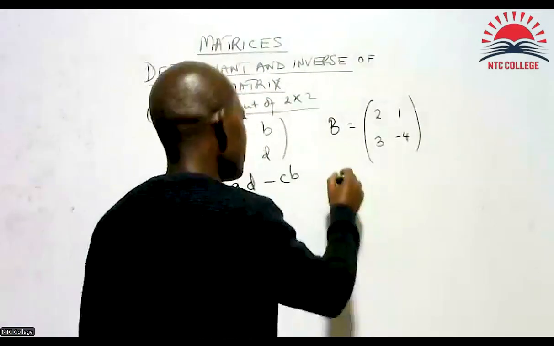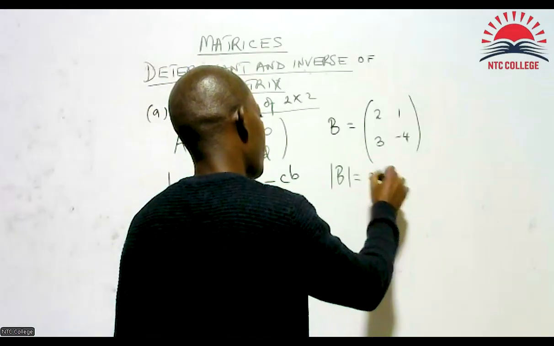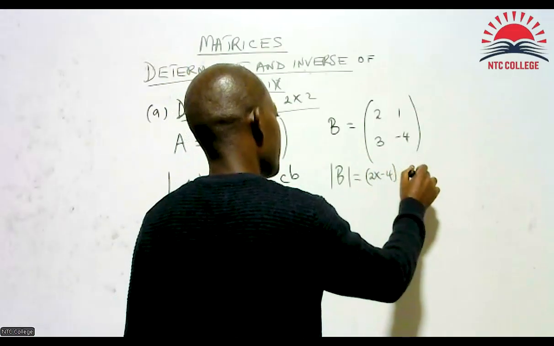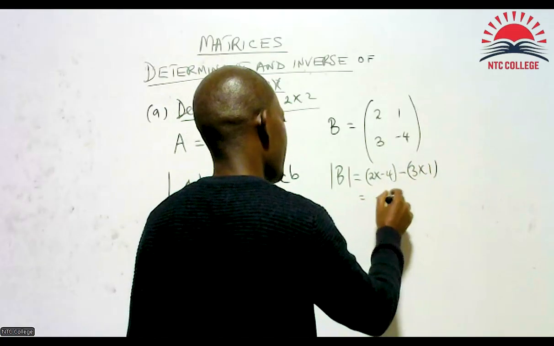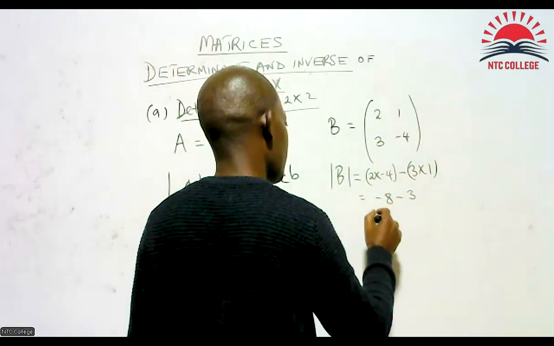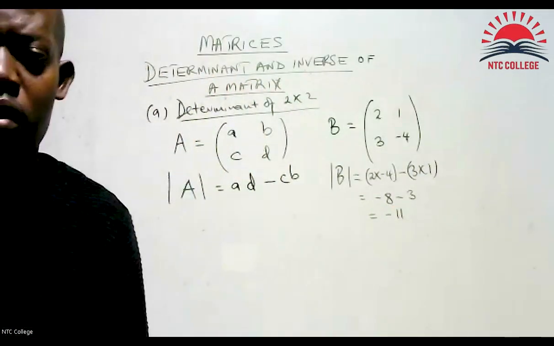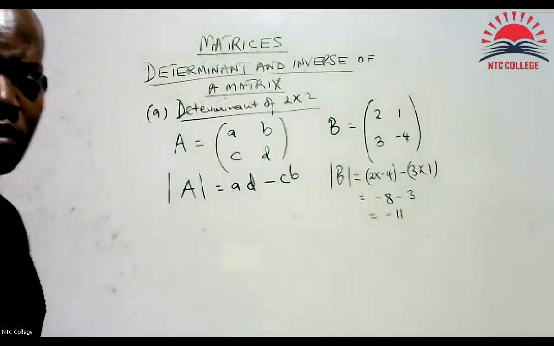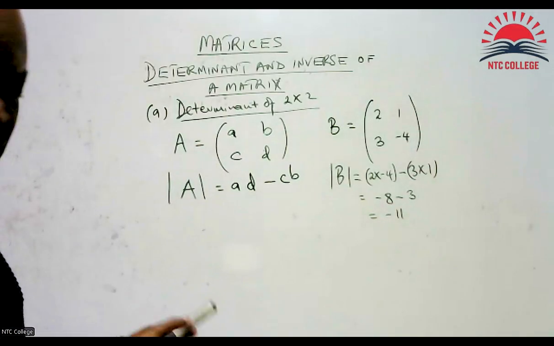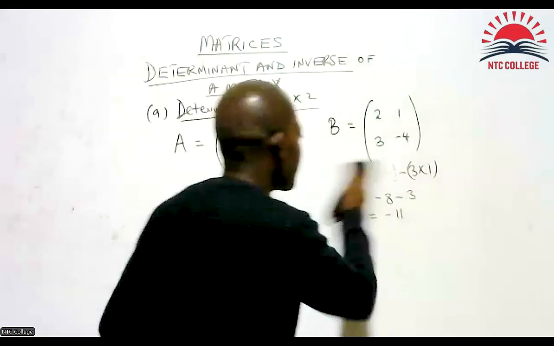Then from what we've said, the determinant of B should be given by 2 times -4 minus 3 times 1. And here we will now have -8 minus 3, giving us a determinant of -11. So for the 2 by 2 matrix, that is the understanding. In order to obtain a determinant, we would simply obtain it as we've indicated. Quite clear?